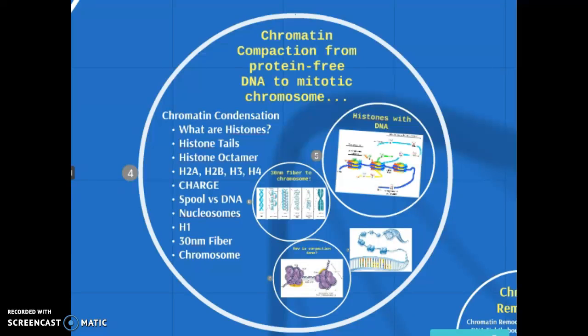The manner in which we reach this compaction is done by several mechanisms. The one we're discussing now is the use of nucleosomes. Nucleosomes use histone proteins to create chromatin complexes. Using histone H2A, H2B, H3, and H4, there's a creation of an octamer when you make copies of each of those proteins.